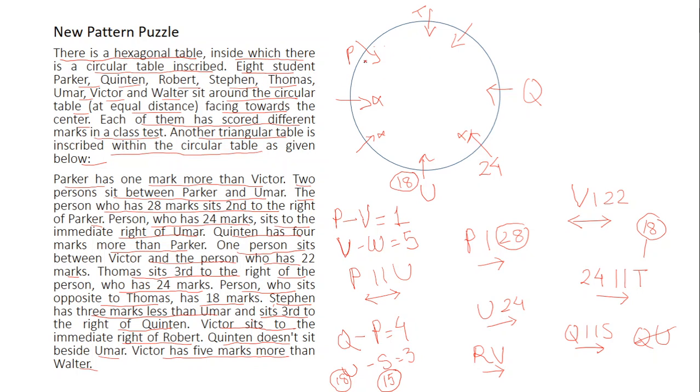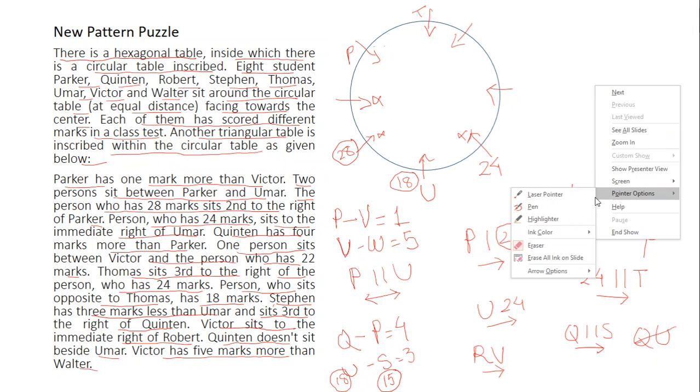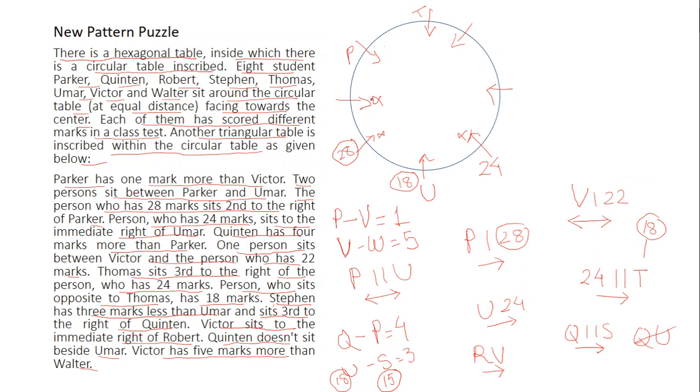So P we have taken here and second to the right it would be 28. Q also needs to be erased. So P, two people are sitting between U and P. P is here and U is here; to his right is 24, to its third right is T, opposite to T is 18, and P's second to the right is 28, so 28 would be here.